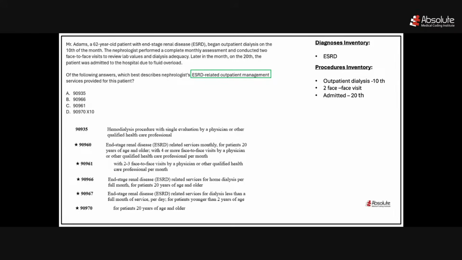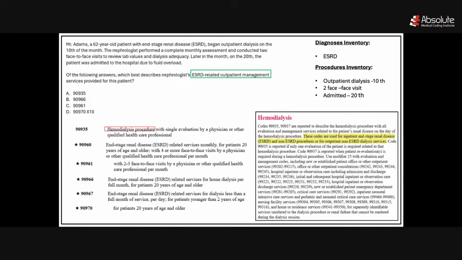Option A is coding for 90935, which is for a hemodialysis procedure with single evaluation by a physician or other qualified healthcare professional. And if you remember, coders, the guidelines which I said in the beginning, these codes, 90935 and 90937, these hemodialysis codes are used for inpatient ESRD, non-ESRD, and for outpatient non-ESRD dialysis service.